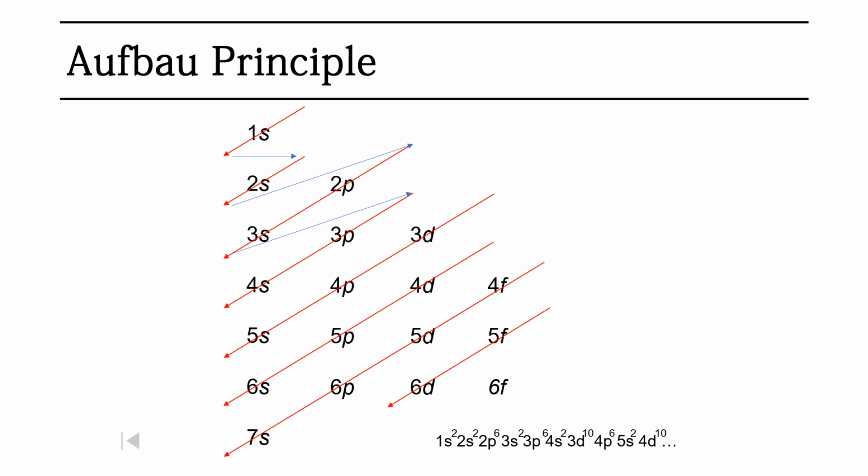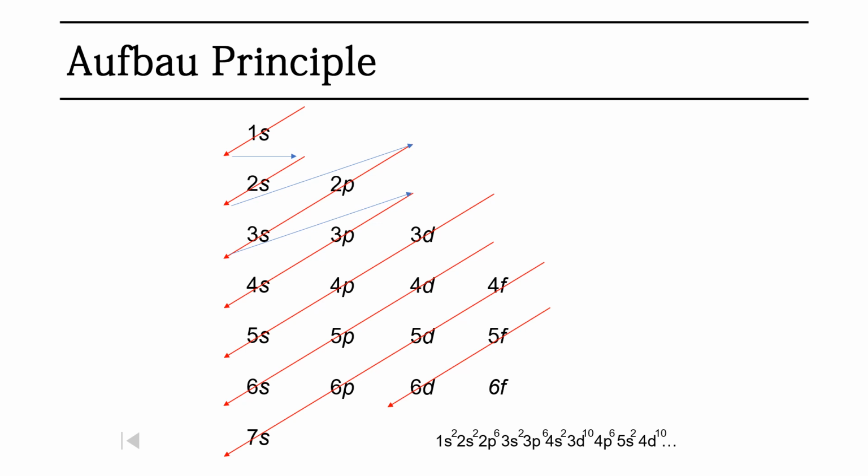So first the electron fills the 1s orbital, next 2s, then 2p, 3s, 3p, and next, not 3d, it fills into 4s, next it fills into 3d.